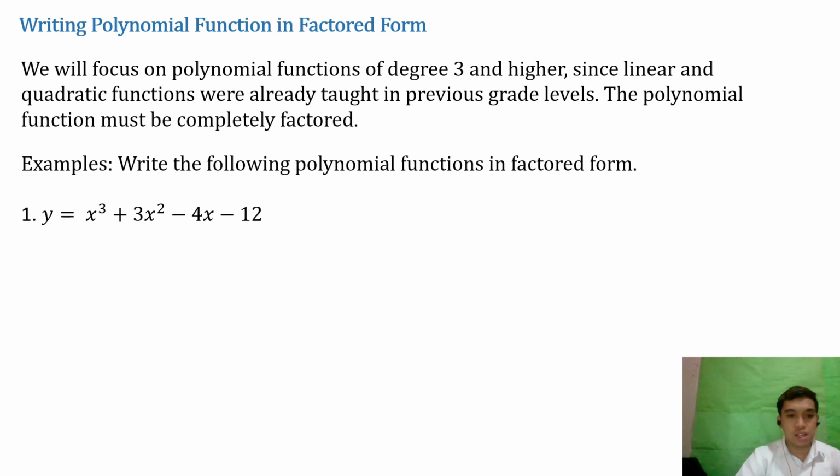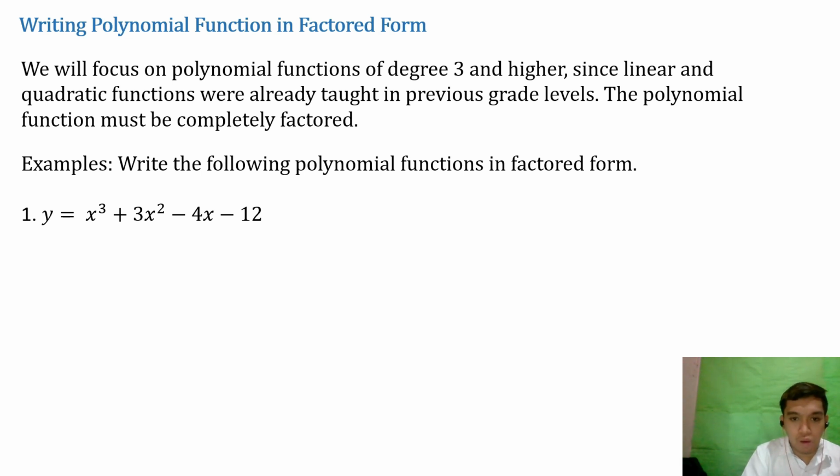So, example, dito sa number 1. So, naka-arrange na siya in descending order according to powers. So, naka-standard form na to. So, hanapin natin yung ating possible roots. So, kapag sinabi natin rational root theorem, ibig sabihin ratio.